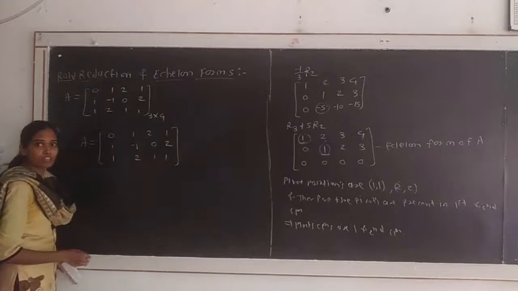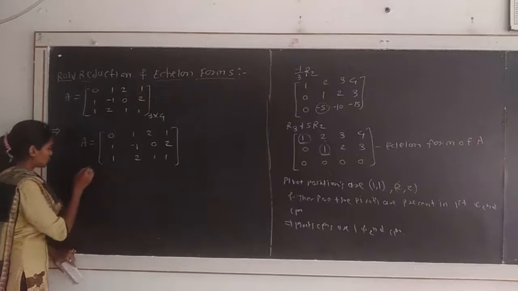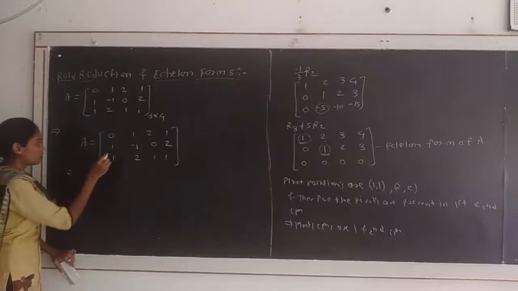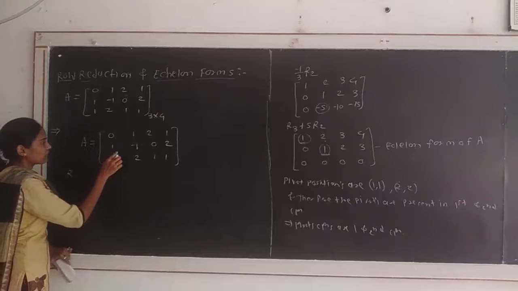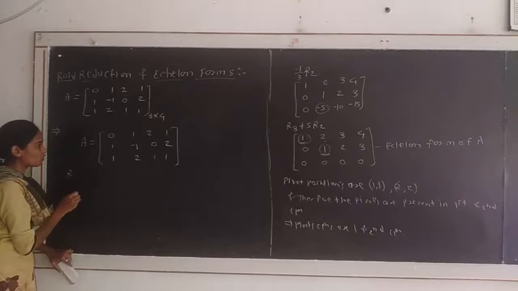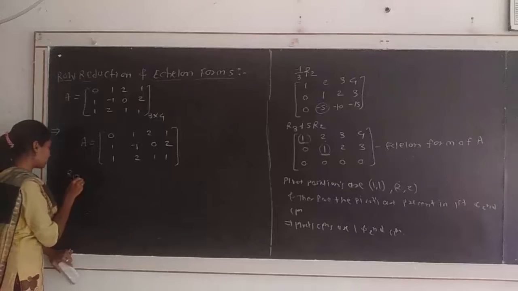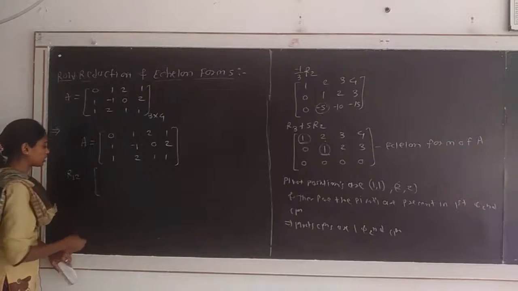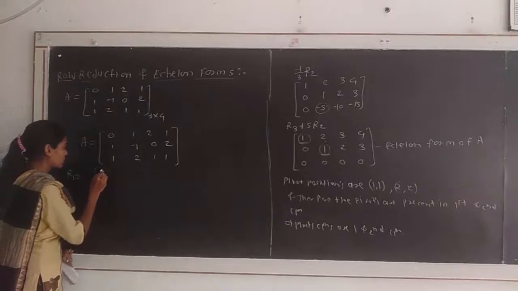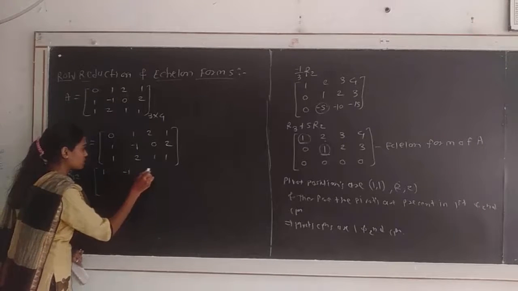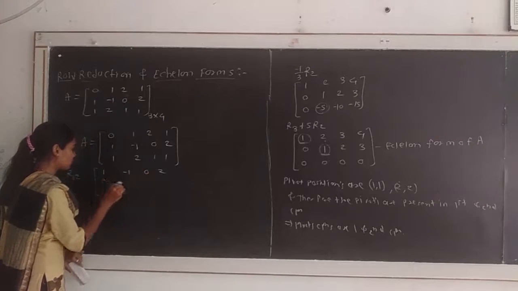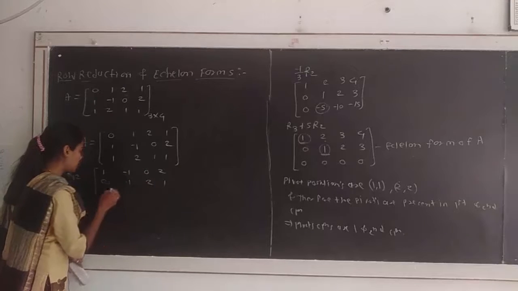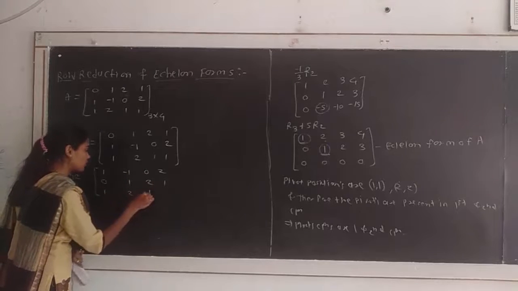We interchange the first and second row, R12. So we get first row 1 minus 1 0 2, second row 0 1 2 1, and third row as it is, 1 2 1 1.